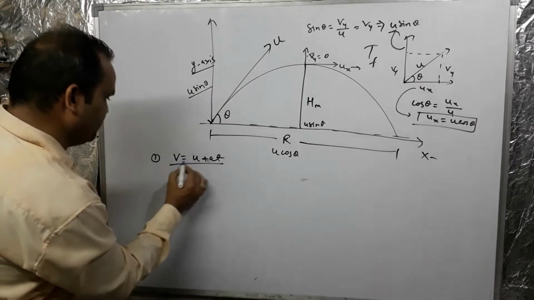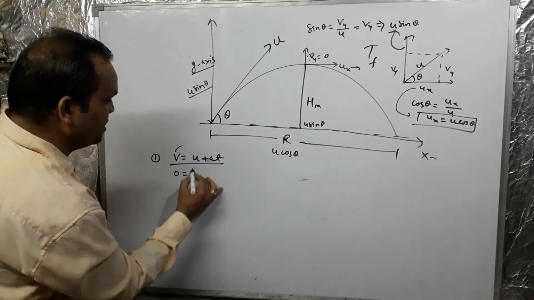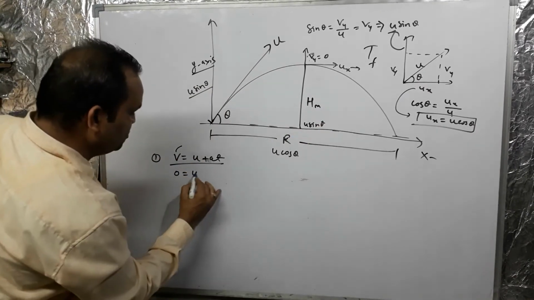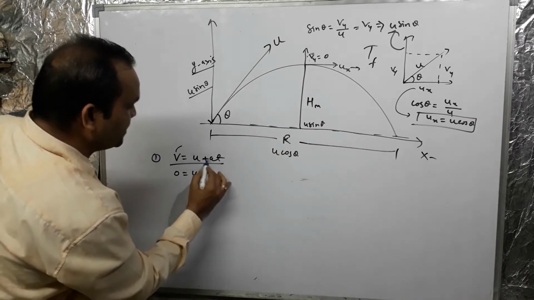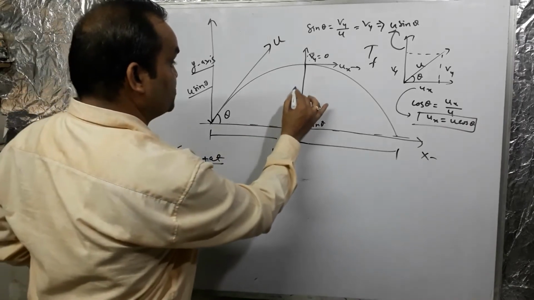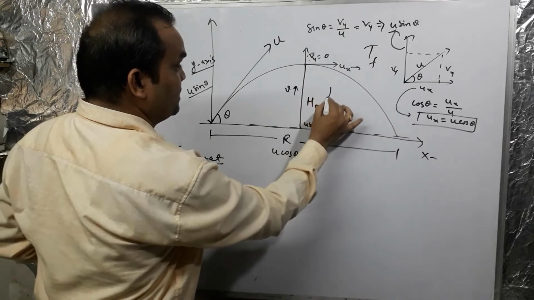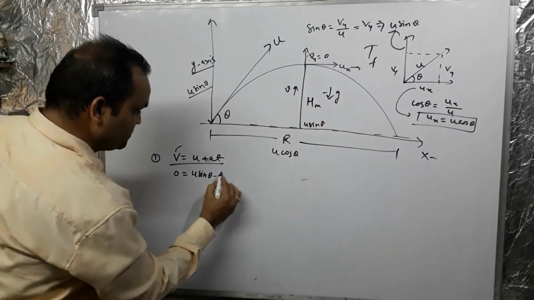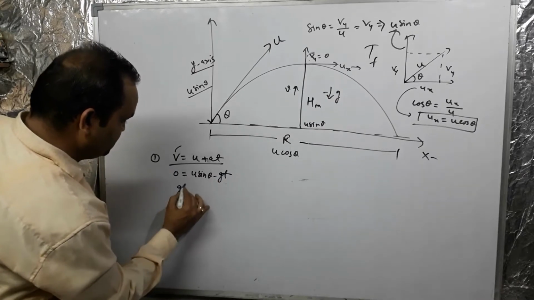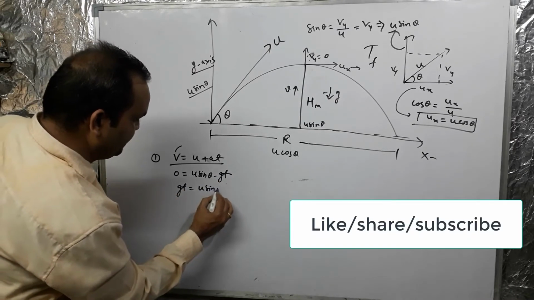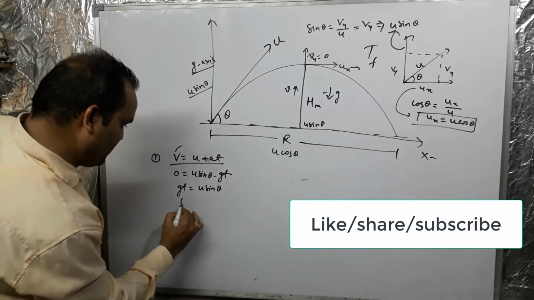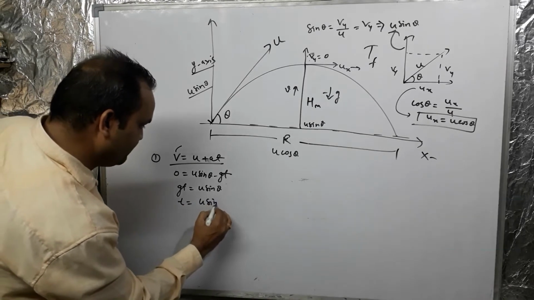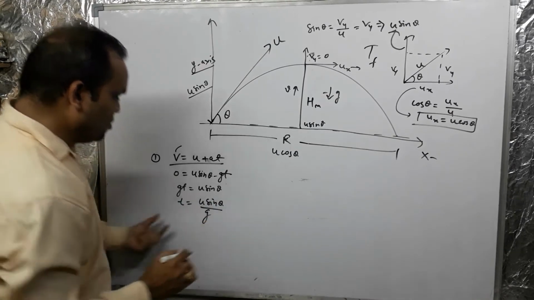So I can write the last velocity is 0 and the initial velocity is u sin theta, and g is in the negative direction, so I will take minus gt. So gt is equal to u sin theta, and you have to find t: u sin theta by g.